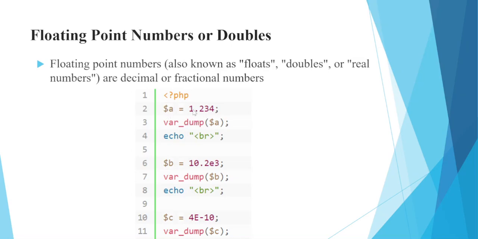Here 1 is an integer, 0.234 is a fraction, and the whole thing is considered a floating number. Similarly, here also 4e to the power of minus 10 is stored as a floating point number.